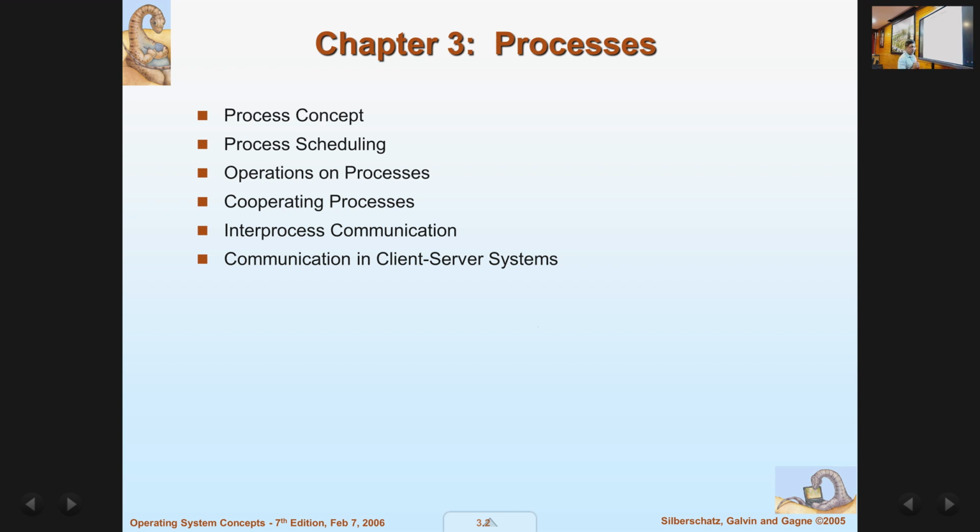If you are executing a program, say Microsoft Word, MSW. So you open the application Microsoft Word. What are you doing? You are typing a document.